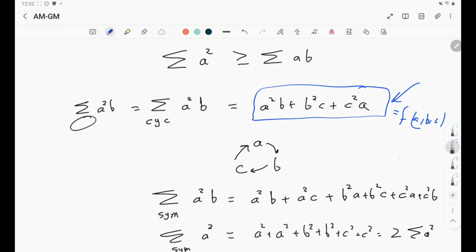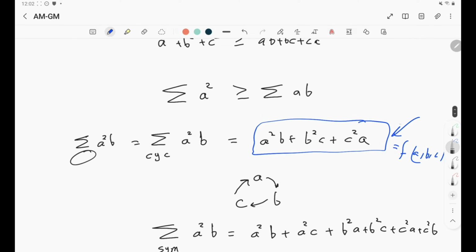But what if I asked you this here? If we said f a b c is sigma a b, is this one symmetric? Well, you might say that no, this is a cyclic sum, so it's not symmetric. But the answer is actually it is symmetric, because we're talking about the function, not the sigma.